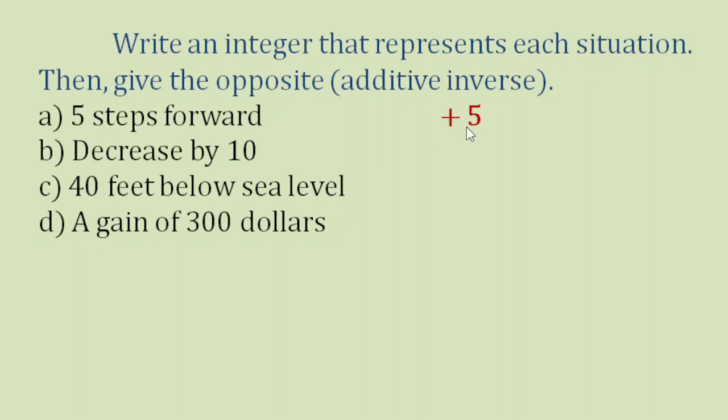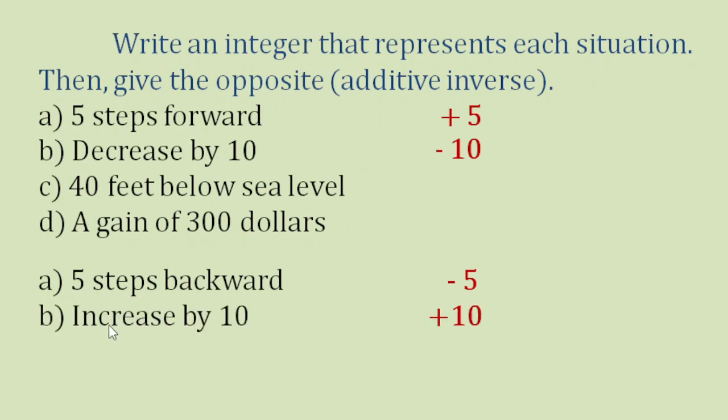Yes, plus 5. And what is the opposite? 5 steps backward. That means minus 5. How about situation B? Decrease by 10. So that's minus 10. And the opposite? Increase by 10, which means plus 10.